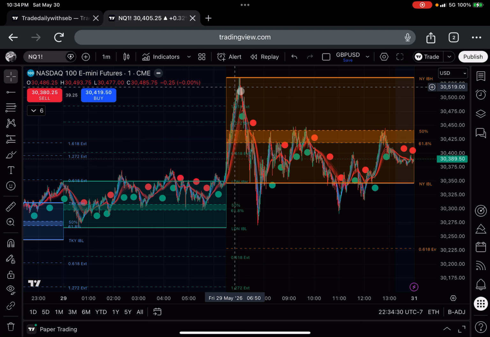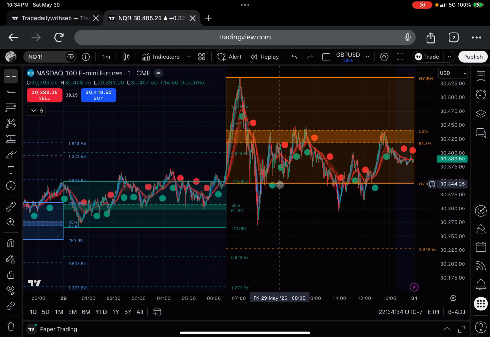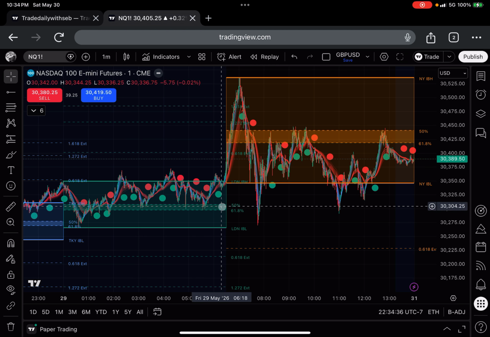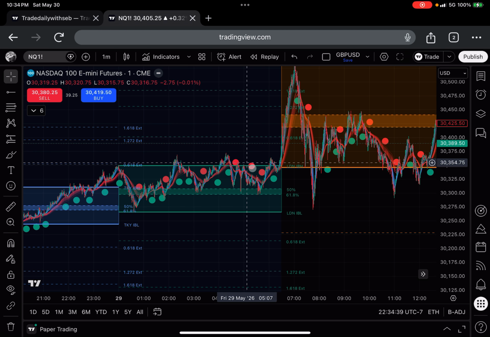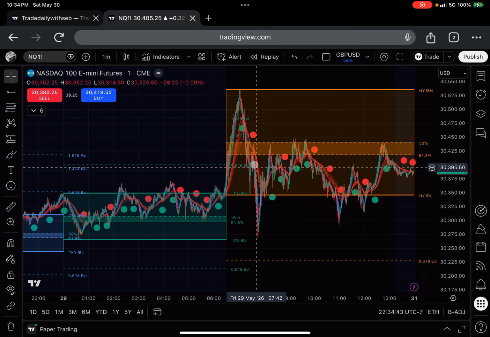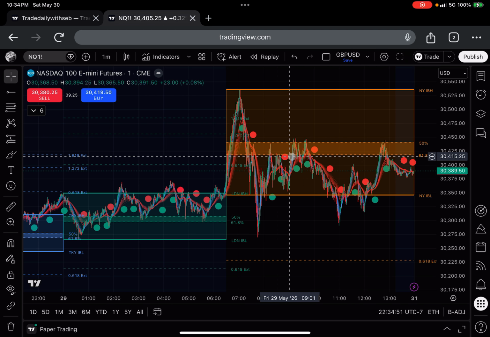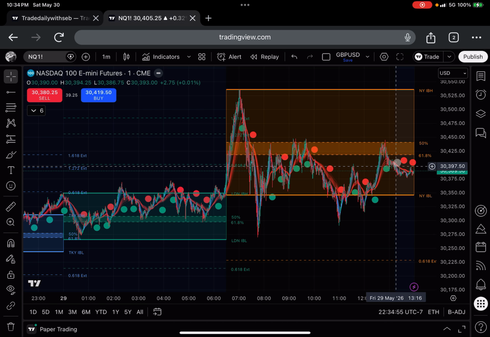Sometimes price literally won't break out of the initial balance area. It might break out a little bit, but sometimes it just literally respects the initial balance high or the initial balance low, and it'll come back into the OTE area and then come back down. It will literally just bounce between these.